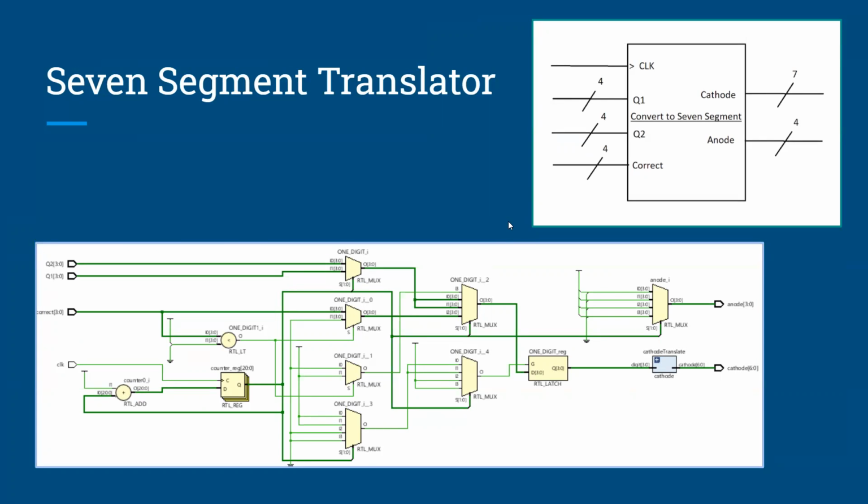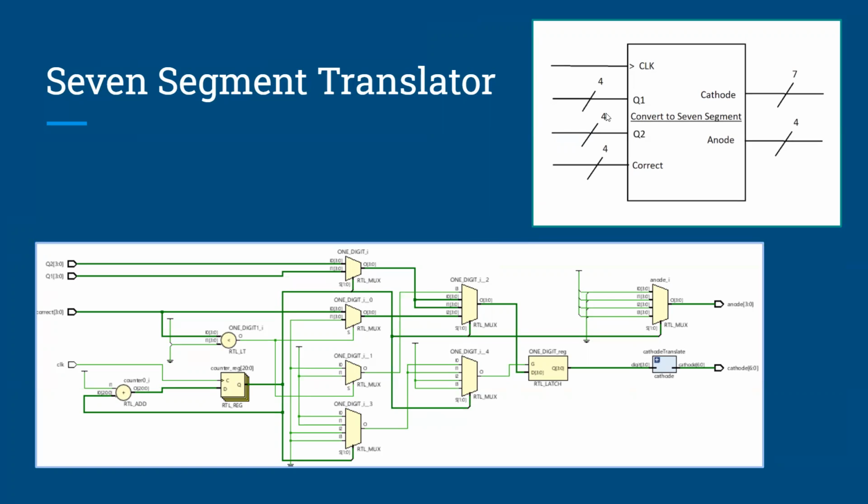Our third submodule is a 7-segment translator. So this translator has 4 inputs, 3 of which are 4-bit inputs. 1 of them is a 1-bit input. So our inputs are the clock, Q1 and Q2, which is the first digit on the question, you could say, or the last two segments on the 7-segment display.